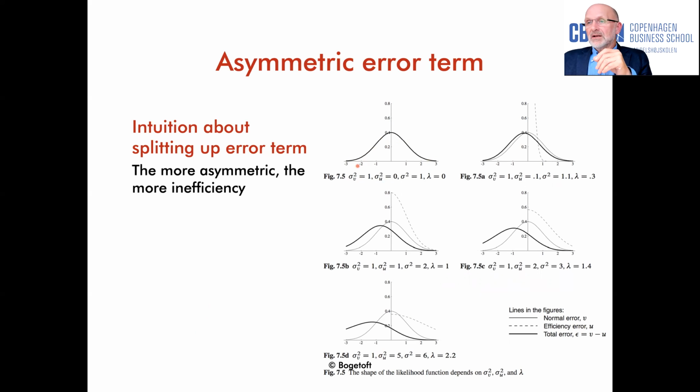Now I introduce a slight bit of inefficiency. The inefficiency term is a half normal, and here with this dashed line, I've indicated the distribution of this inefficiency. But that has to be subtracted from my normal distribution, and that means that the composite error ends up having a distribution, which is this one here.